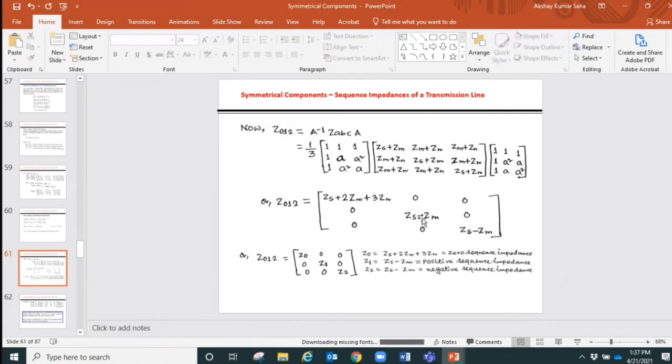The positive and negative sequence impedances are the same, but the 0 sequence component is different, and it depends not only on the impedance of the phase, it also depends on the mutual impedance and on the impedance in the neutral. So we find that there can be two different impedances: one for 0 sequence and the other one for positive and negative.